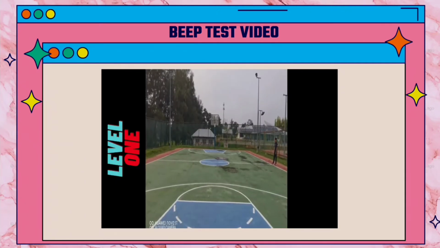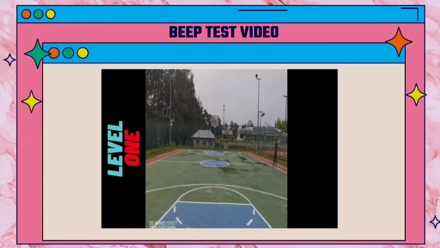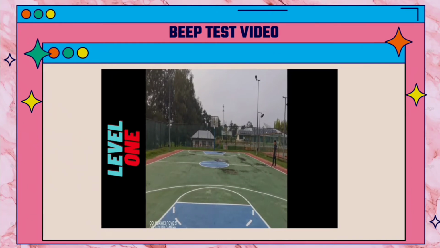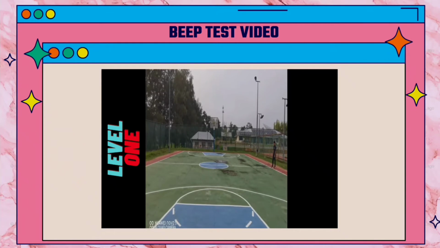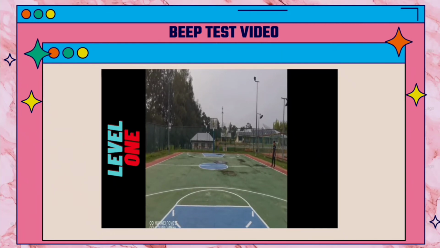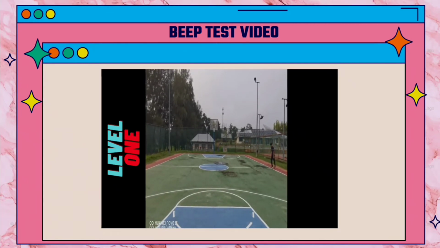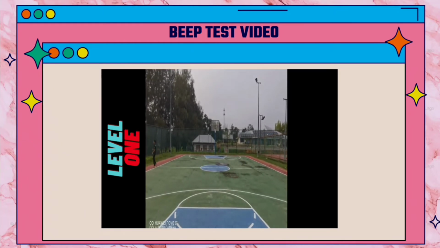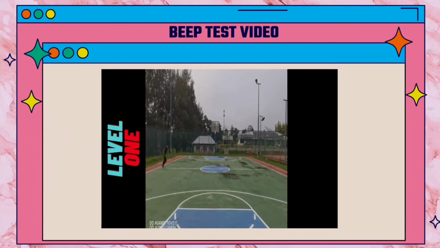The multi-stage fitness test will start in 5 seconds. Ready? Start level 1, 1. Level 1, 2.